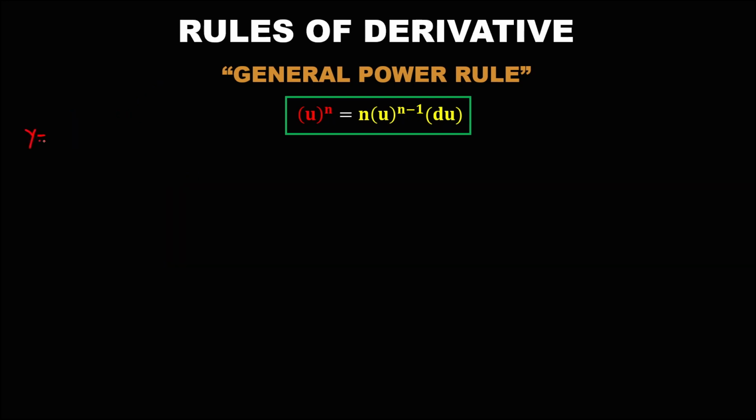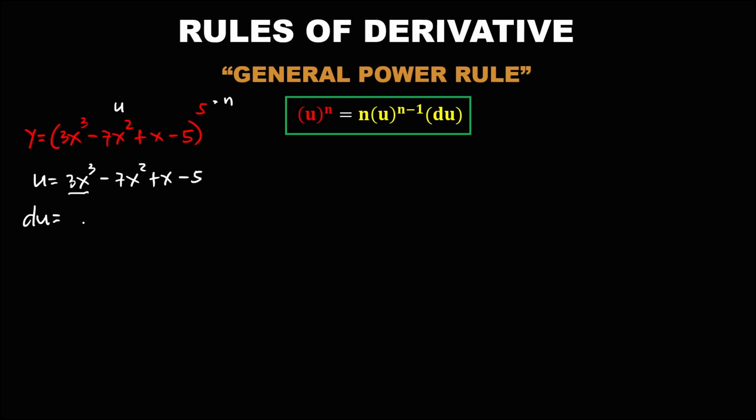Then for this given, y equals 3x to the power 3 minus 7x to the power 2 plus x minus 5 quantity to the power 5. So again, using the general power rule, this is u and the exponent is n. So u equals 3x to the power 3 minus 7x squared plus x minus 5 and du.